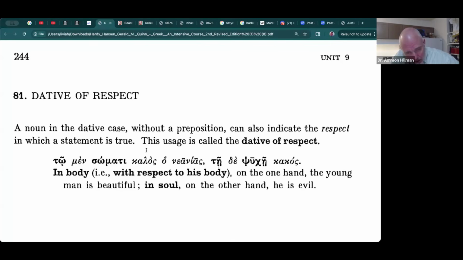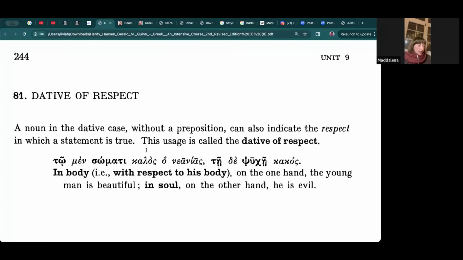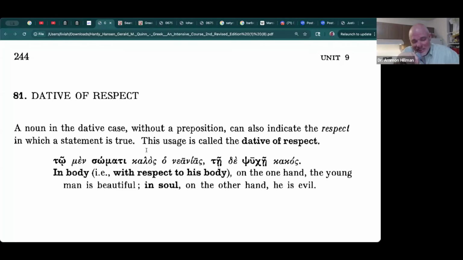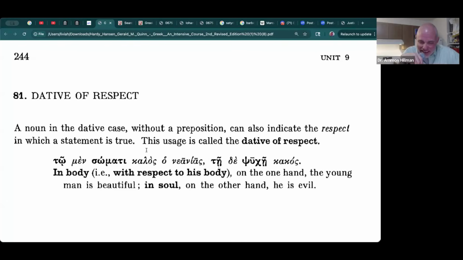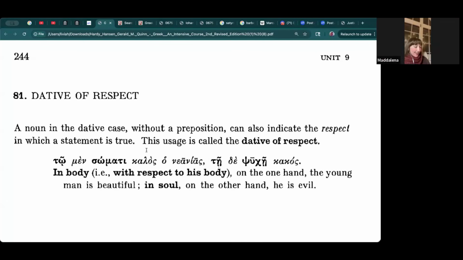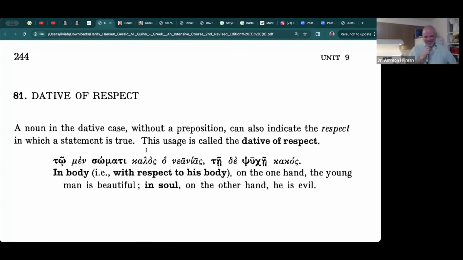Did you get all that? Yeah. He's kalos, got a bad soul, and a beautiful body. Are there people like that in the world? For sure.